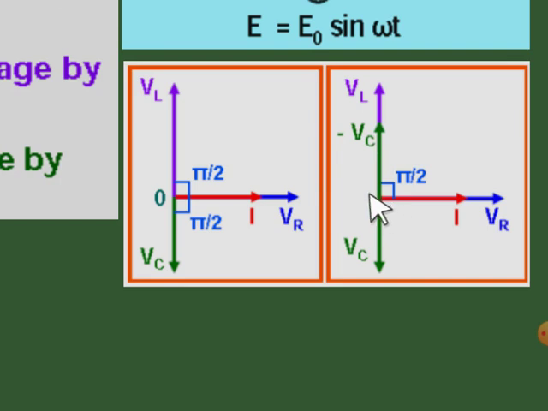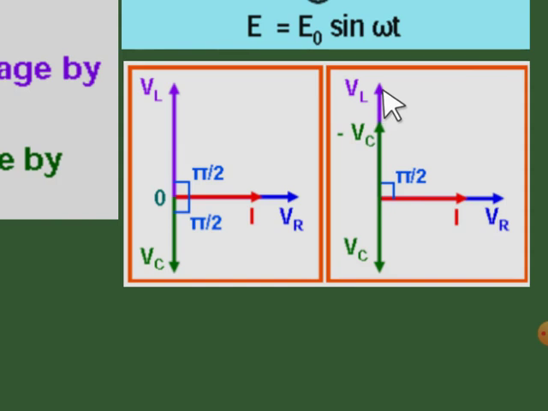This point is the origin, O. So if you make it opposite, it becomes minus VC. Now we try to have these two vectors, VL and minus VC, in the same direction.